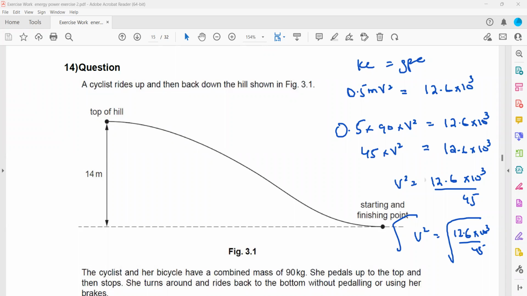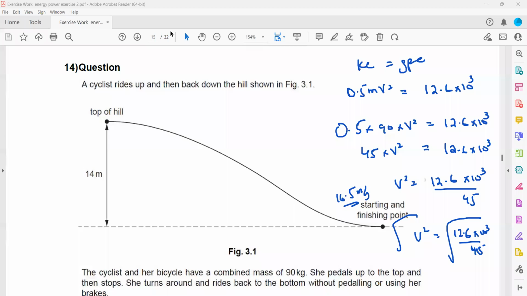What's the final speed at which she finished the track, at the finishing point? She crosses the finishing point. The square root of 12.6 times 10 power 3 divided by 45 is 16.56. 16.7. Okay, it's fine. So 16.7, 16.56, 16.6 meters per second.